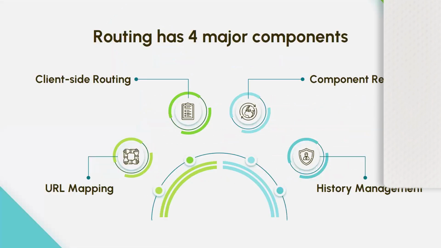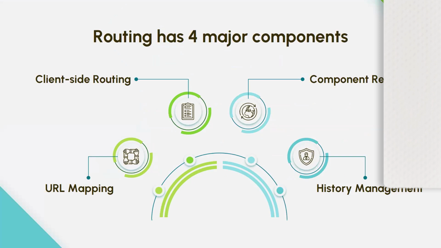So routing also has four major things. These are not taken from any textbooks or something. I'm just telling you that you have to understand these four things to understand routing. These are not very hard things to understand.